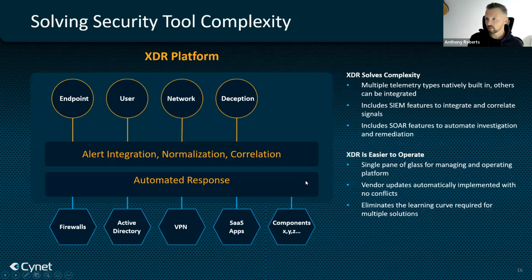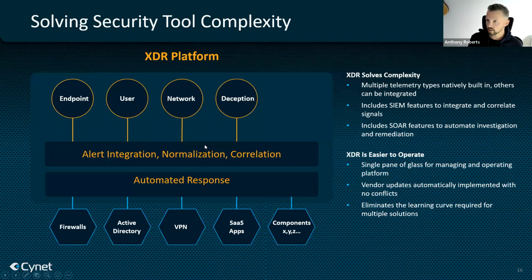So how we're dealing with complexity is to have a single platform with a single agent that is also able to consume logs from the network like a SIEM solution, and integrate with your cloud applications to identify misconfigurations in them. And then, to help with those skill sets and the lack of people and resources you may have, we've automated it.